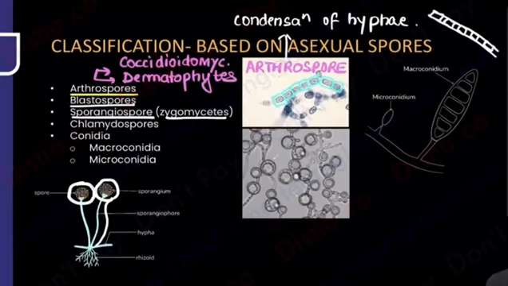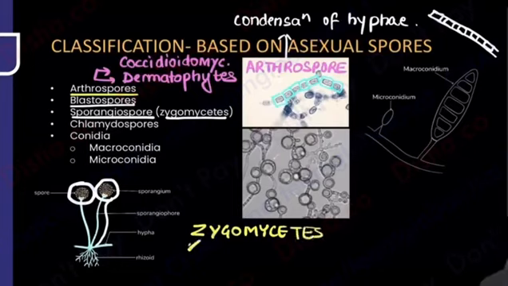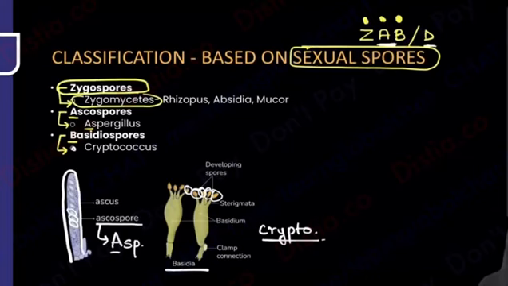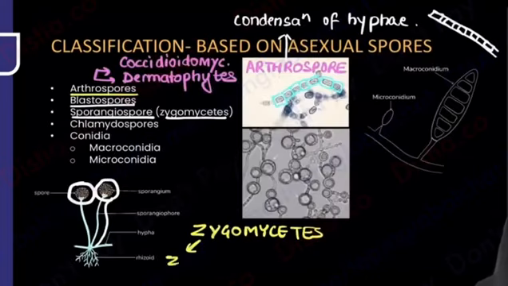So now that gets me to a point of thought. When we are talking about the zygomycetes, I had told you a mnemonic called ZAB-D for sexual spores, and I told you that zygomycetes is going to show you zygospores, which was a sexual spore. So one type of spore is going to be the zygospores.